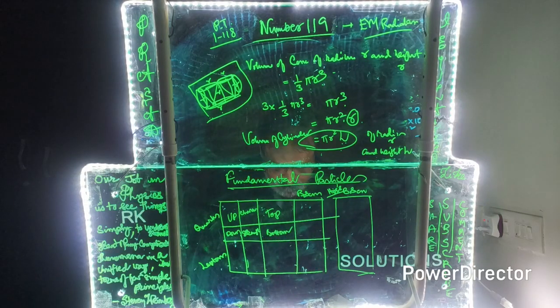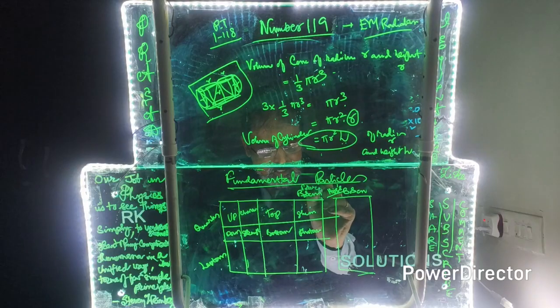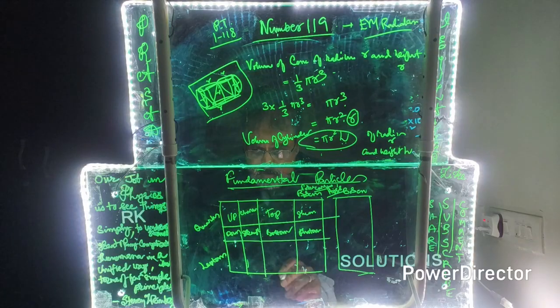And for these, you have the gluon. For these, you have the photon. These are basically force carriers. Bosons are nothing but force carriers for these particles.